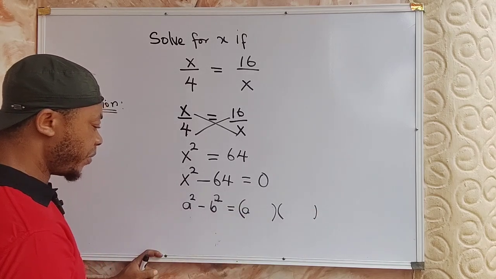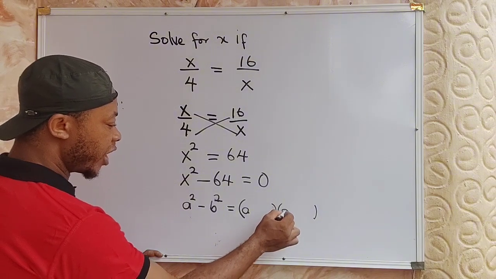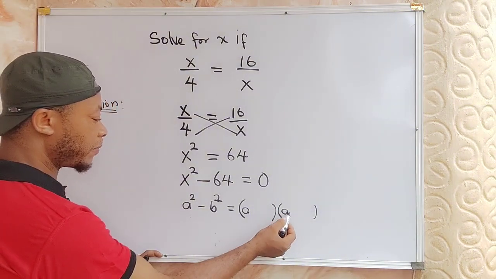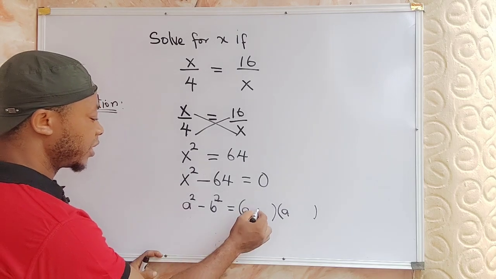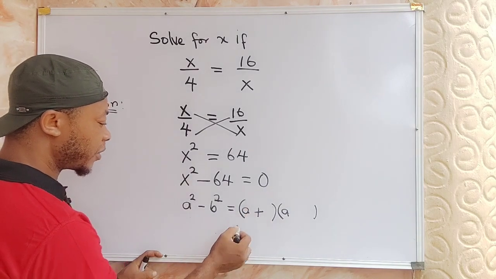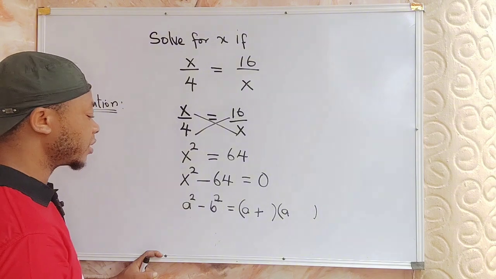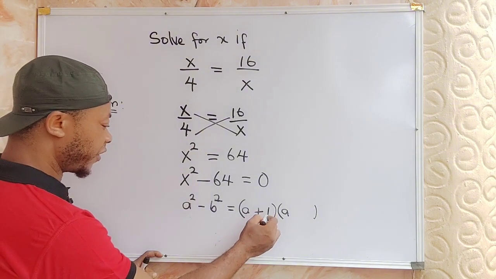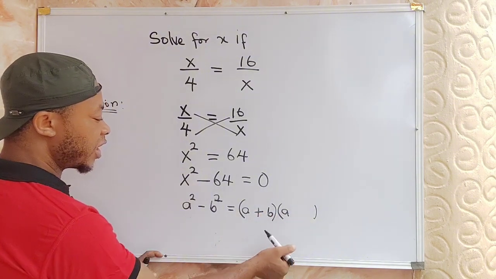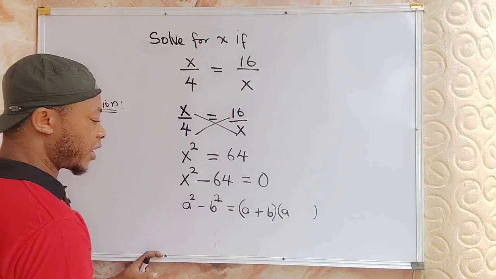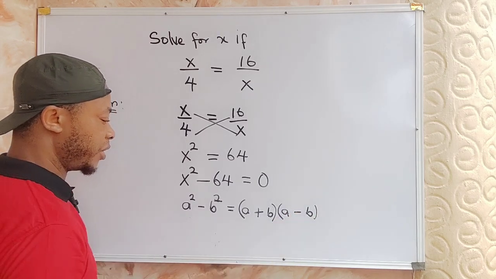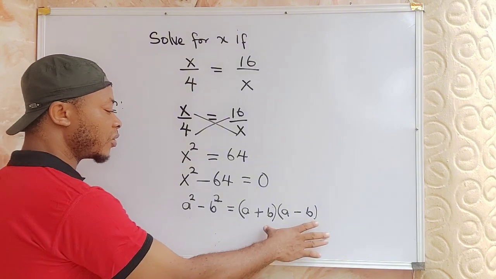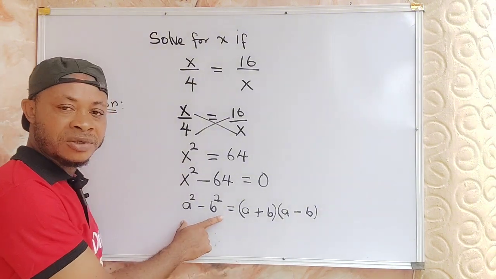That means a will be here, and the second a will be here, so that a will multiply a to give you a squared. In the first bracket, you can put either a positive sign or a negative sign, and bring down the first b. Then in this next bracket, since we have a positive sign here, this will be a negative sign, and we bring down the second b. So this is how to factorize difference of two squares.